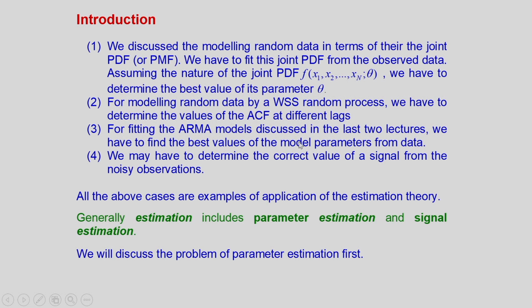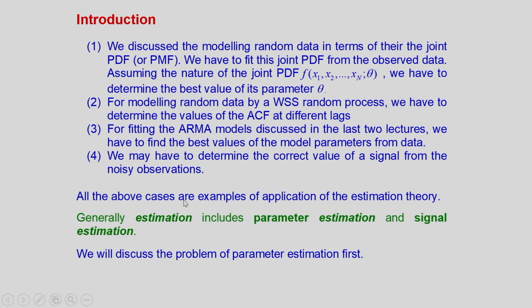This is again a case of estimation of the model parameters. We may have to determine the correct value of a signal from the observed noisy data. So, this is also a case of estimation of a signal from noisy observations.